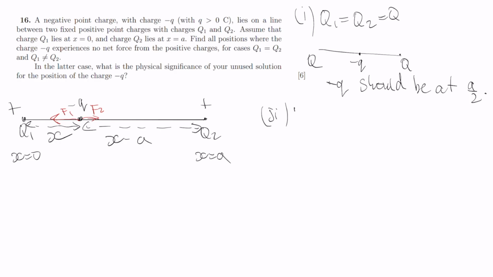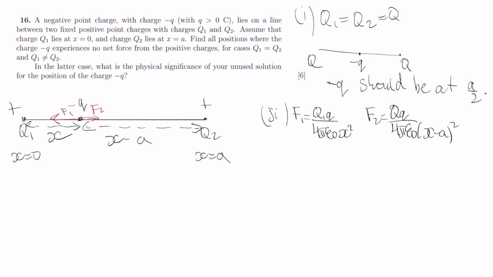So F1 will be given by Q1Q over 4 pi epsilon naught x squared. F2, on the other hand, will be given by Q2Q over 4 pi epsilon naught, and the distance between the charges is just going to be x minus a squared.